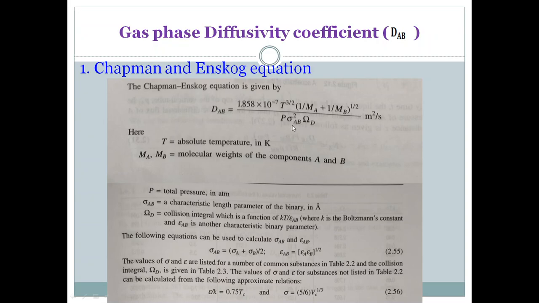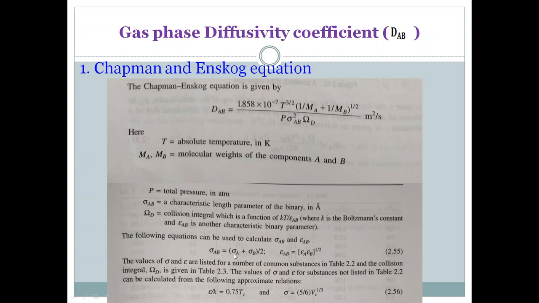Now what is this? Sigma AB square and omega D. Sigma AB is the characteristic length parameter of the binary. It is in Angstrom. Although the diffusivity is in meter square per second, this sigma AB will be in Angstrom. Now what will be sigma AB?